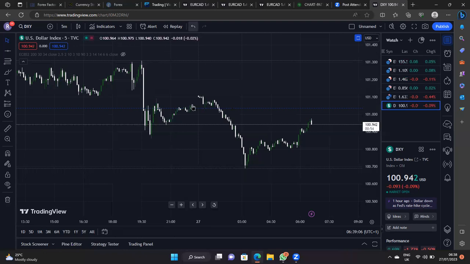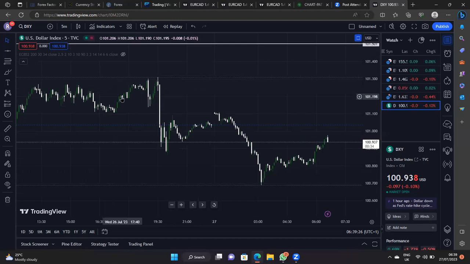How to set up your support and resistance via charting is a very efficient and a very transformable way of creating a support and resistance in your chart. So how to do that? First of all, you look at your time frame.